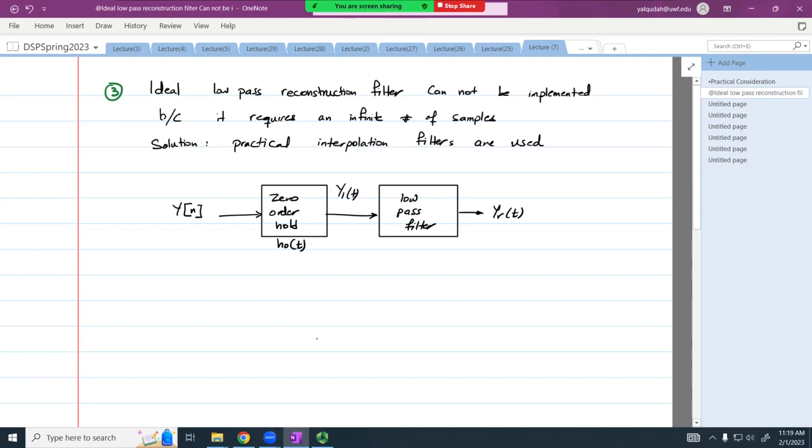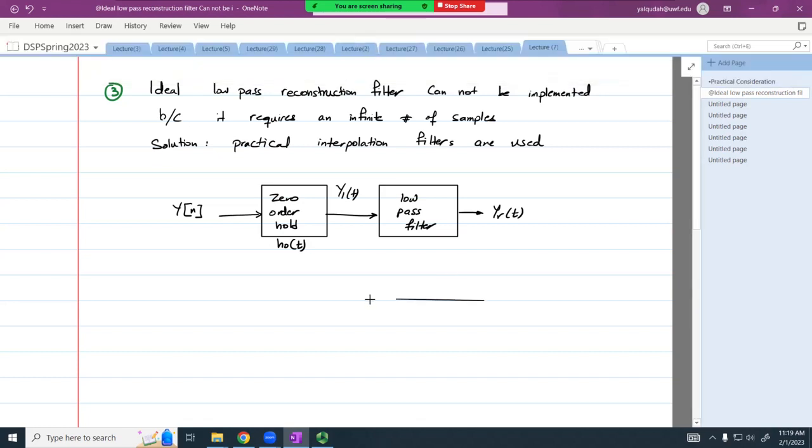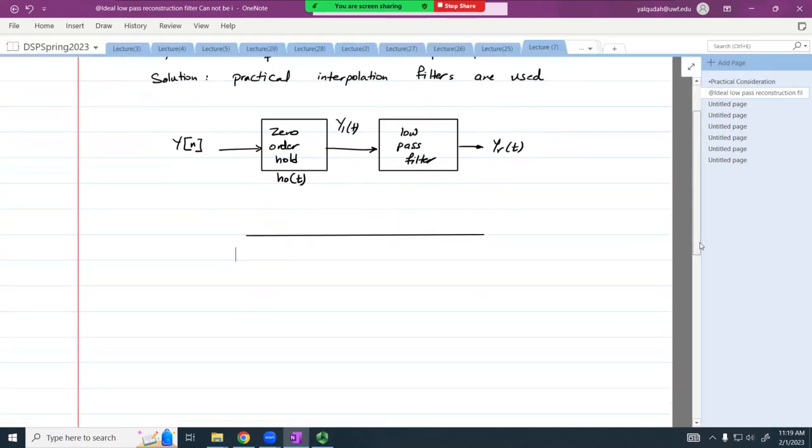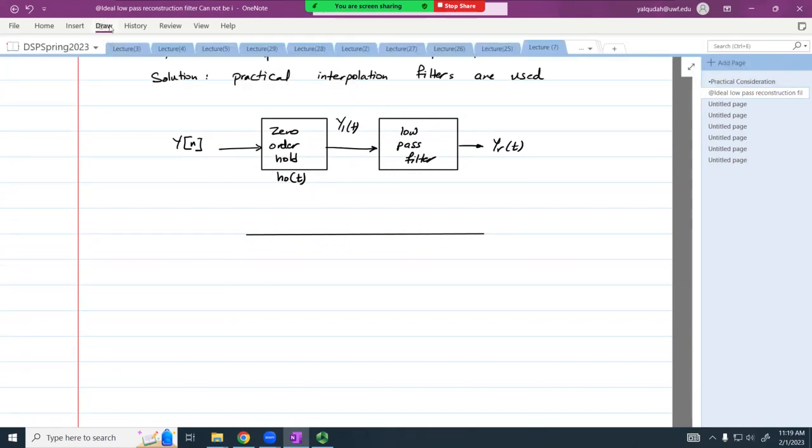So what does that mean? Let's say I have y of n. These are the samples that I'm trying to convert to an analog signal.